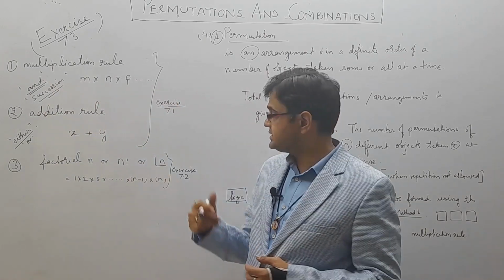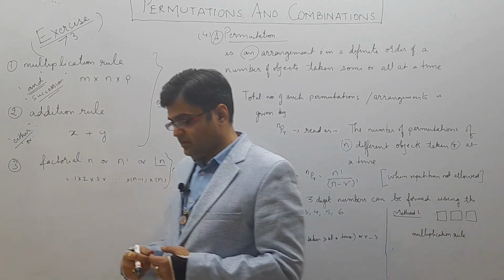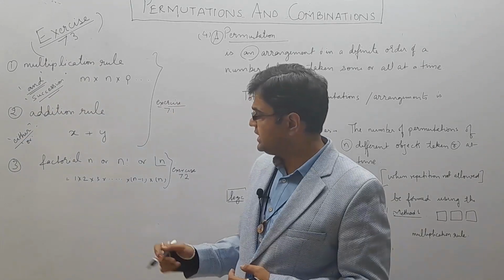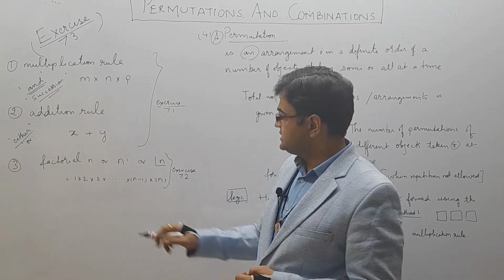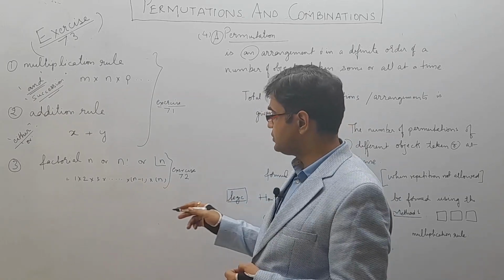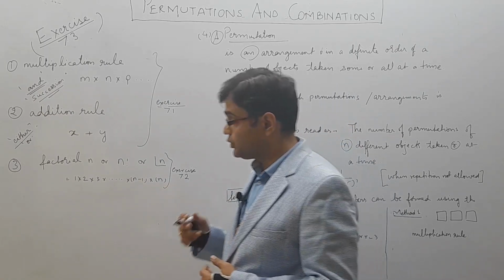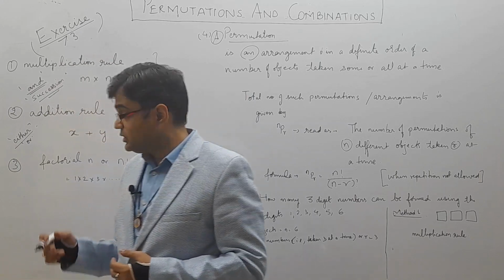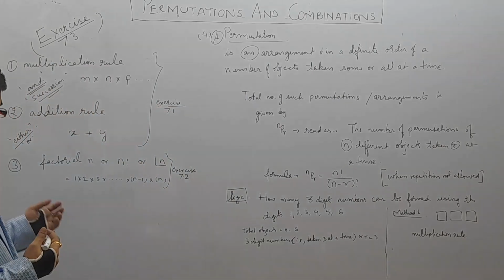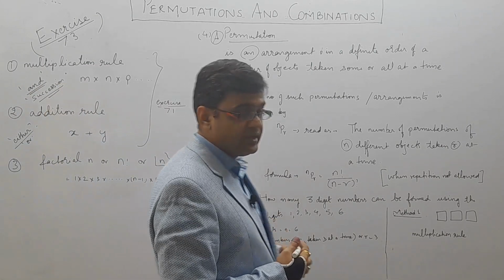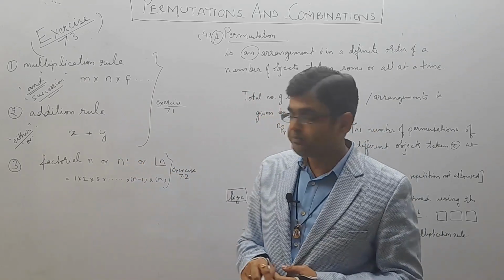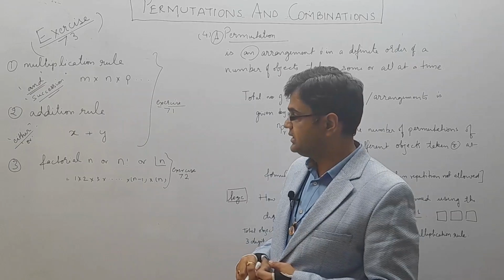And in factorial notation, exercise 7.2, it's just a way of calculating. It's about a notation, a way of writing a particular sequence. Say if we have to write 1 into 2 into 3 into 4 into 5 and so on up to n natural numbers, a continued product of 1 into 2 into 3 up to n, then there is a notation for it which we call n factorial.